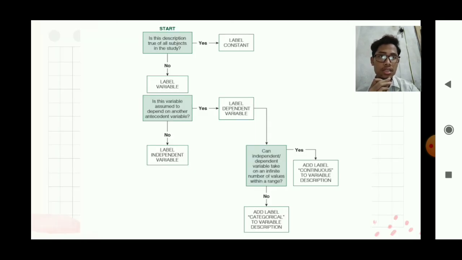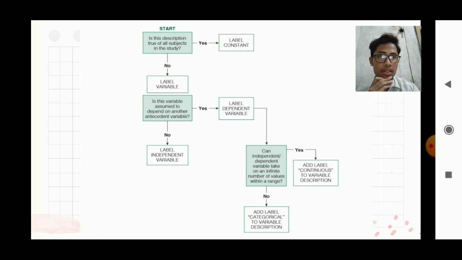And here is the way to classify a variable or constant. Is it true for all subjects in the study? If yes, it is a constant. If no, it is a variable. Is this variable assumed to depend on another variable?